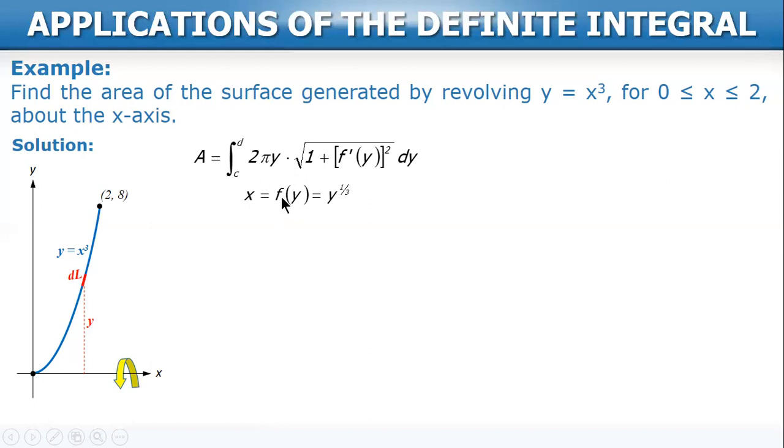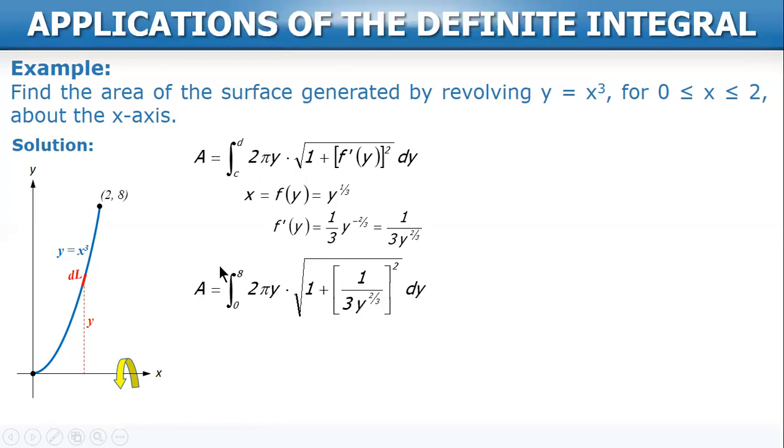So first derivative of x or f prime y equal to this one. 1/3 times y raised to negative 2/3, or simply 1/3 y raised to 2/3. Okay, so sa y man, so ang limits na to 0 to 8.